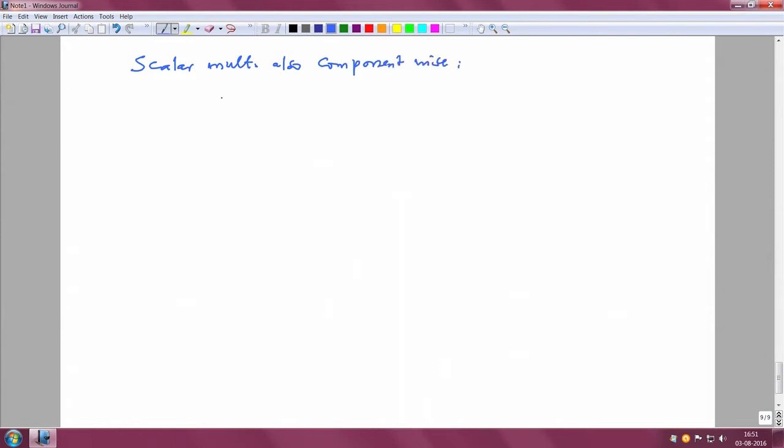That is, if I have a scalar a and if I have a tuple (vi), this is in the product set, the Cartesian product, then a times (vi), by definition, you push that scalar inside.